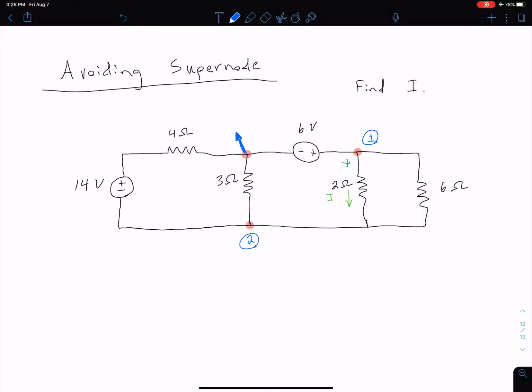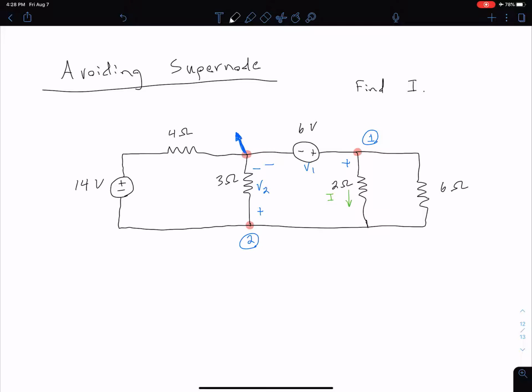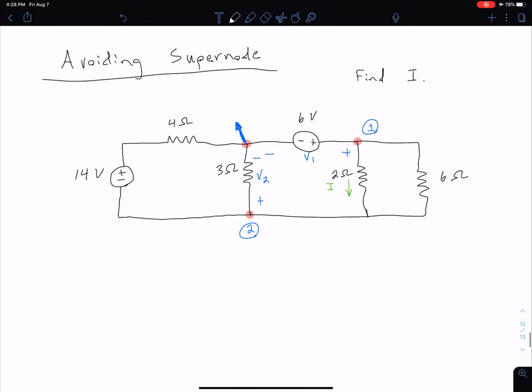So this is our node voltage V1, and this is our node voltage V2. Note, the negative polarity of our node voltages is still at the reference node. That's very important. Even though I have our reference node at the top, our negative polarities are still at that reference node.